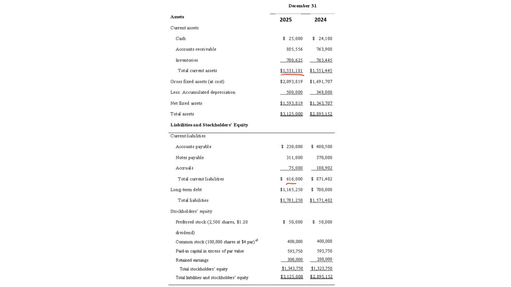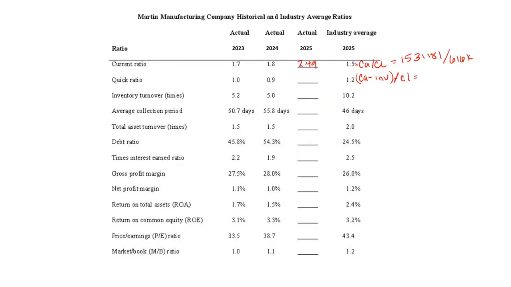So looking at this, we already know our current assets. But in 2025, our inventory is $700,625. So we need to deduct that from our current assets and then divide by current liabilities. So the 1,531,181 of current assets minus our inventory of 700,625, divided by 616,000, gets us 1.35.